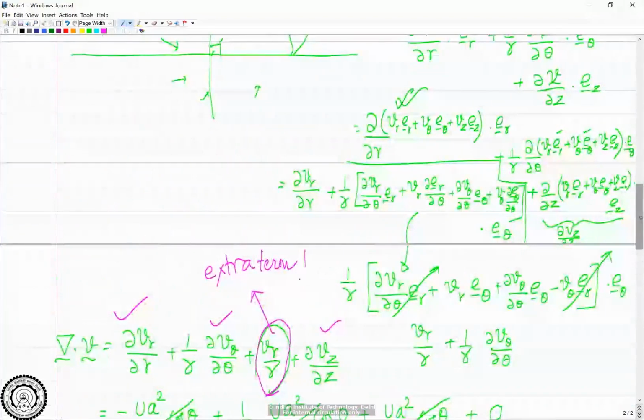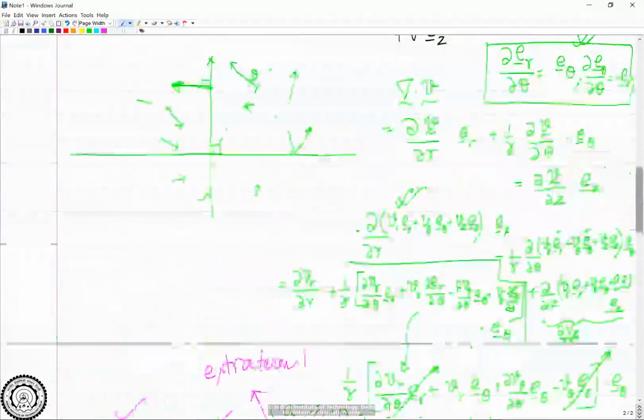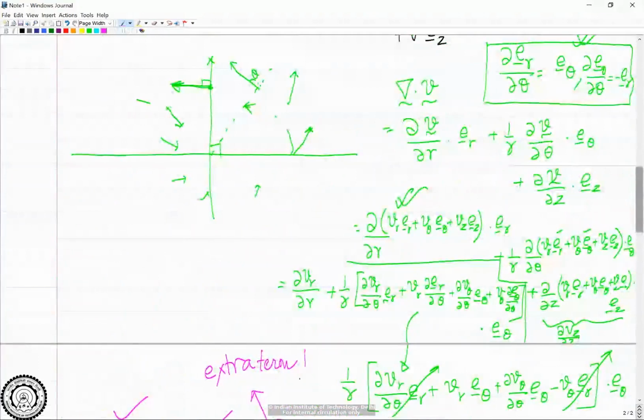In the expression, del by del R of VR ER plus V theta E theta plus VZ EZ dot ER, the first term we are expanding. In that we got only del by del R of VR, right? One more term is not there, like V theta. Which one, for example? Tell me.